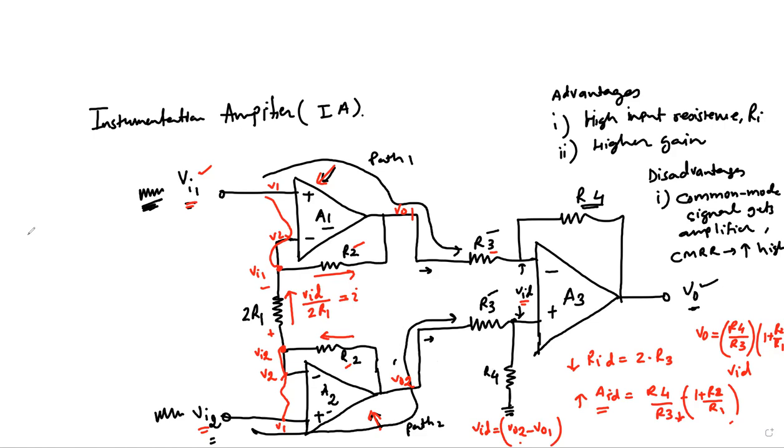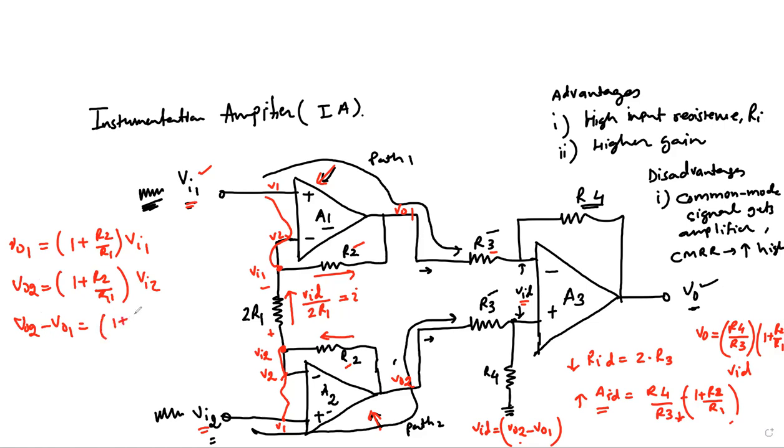Finally, we know that VO1 is 1 plus R2 over R1 times Vi1, and VO2 is 1 plus R2 over R1 times Vi2. So VO2 minus VO1 is 1 plus R2 over R1 times VID.